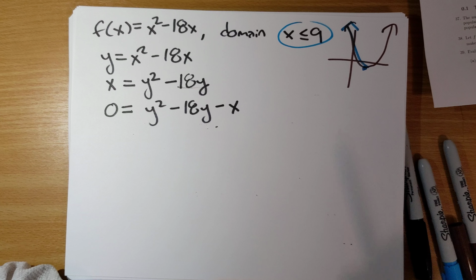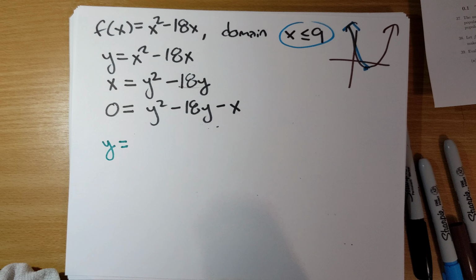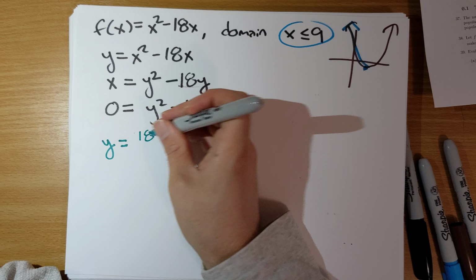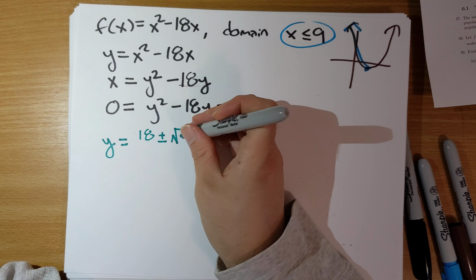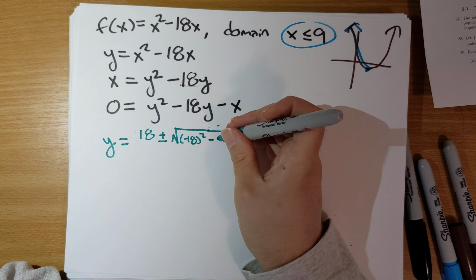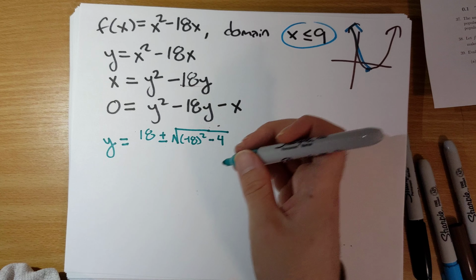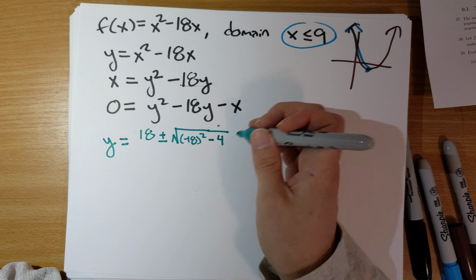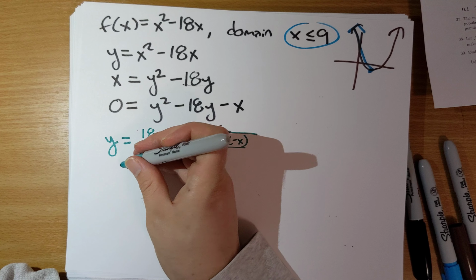So what is y going to be? y is going to equal negative b. b here is negative 18, so 18, plus or minus the square root of b squared, negative 18 squared, minus 4ac, that's 4 times negative x, all divided by 2.